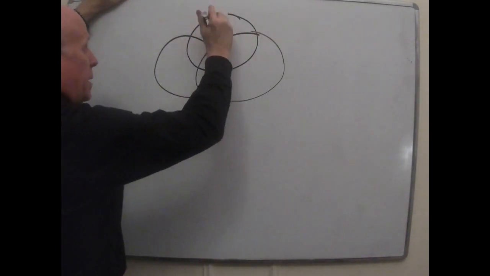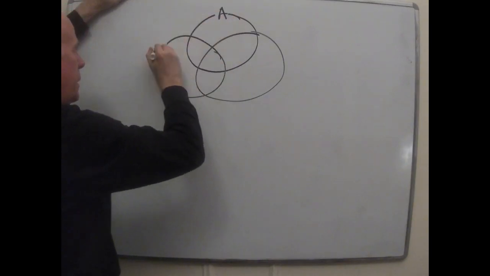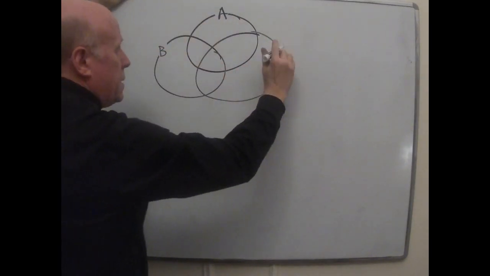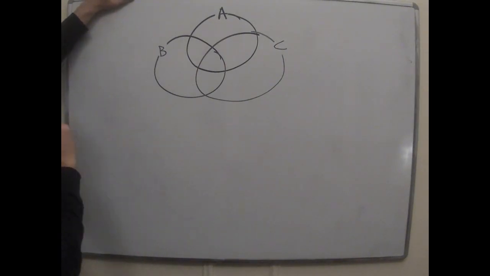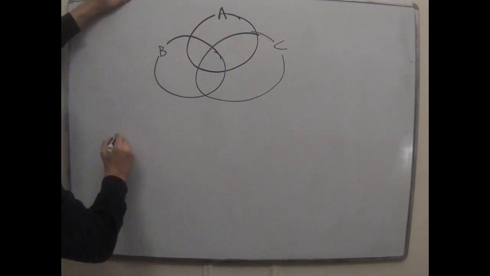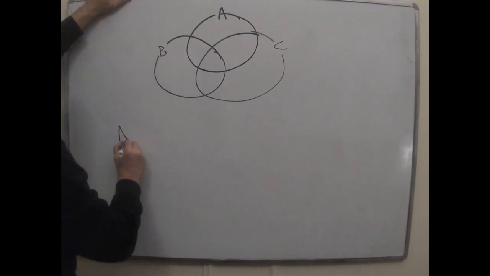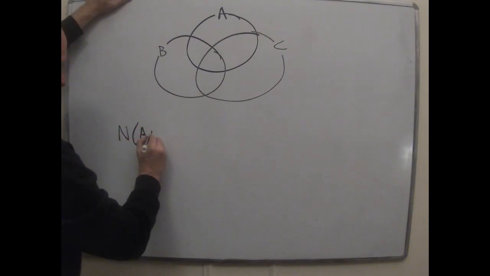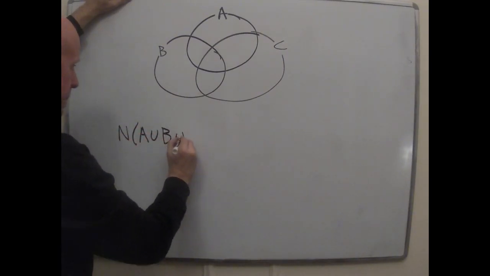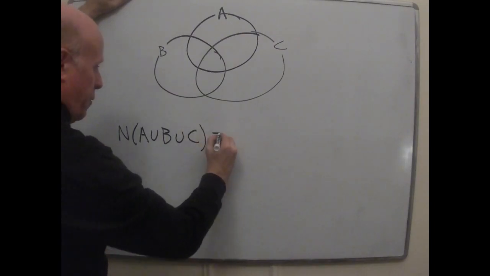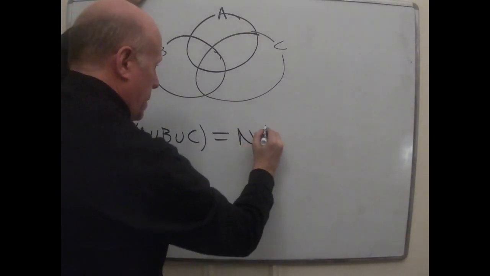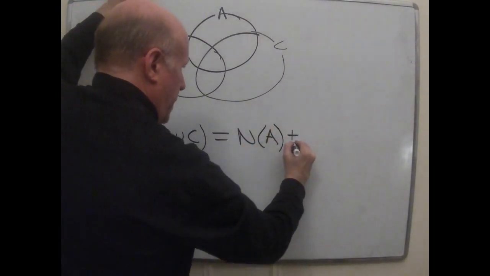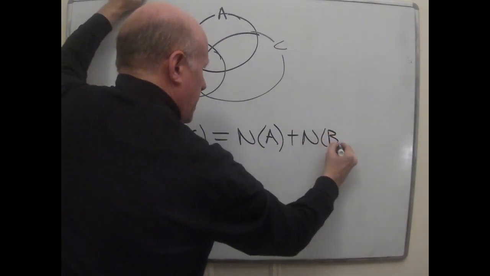Here I might have A, B, and C. What the inclusion-exclusion principle says for 3 sets is this. You're trying to figure out the size of A union B union C. A first stab at it is to add up the sizes of the sets: n of A, n of B, and n of C.